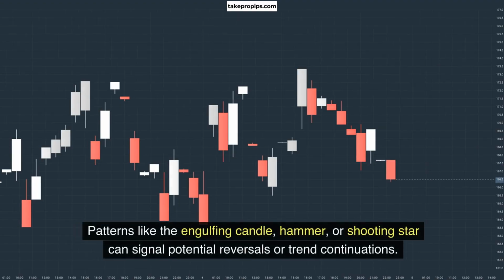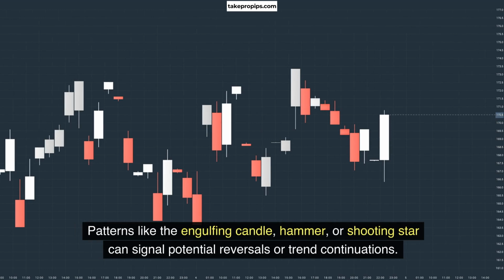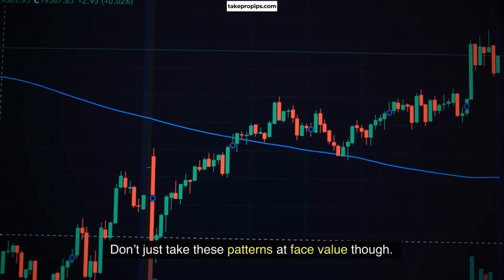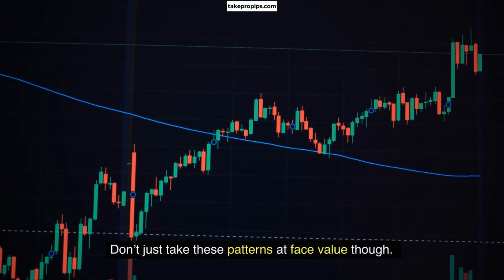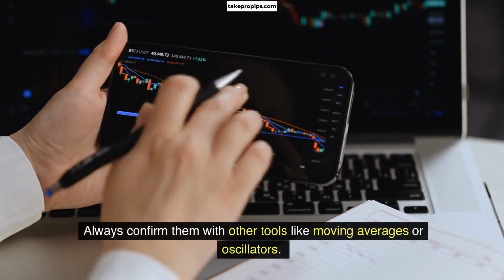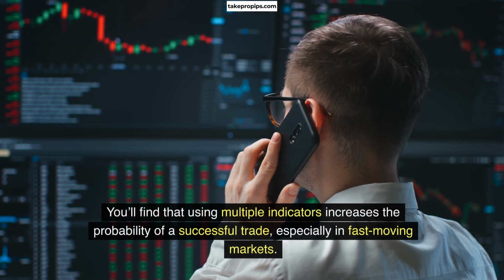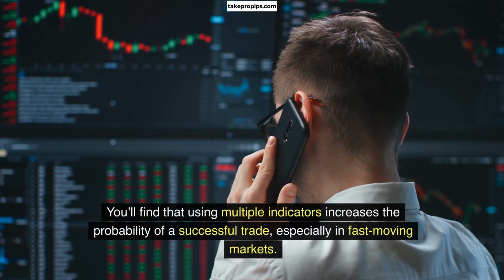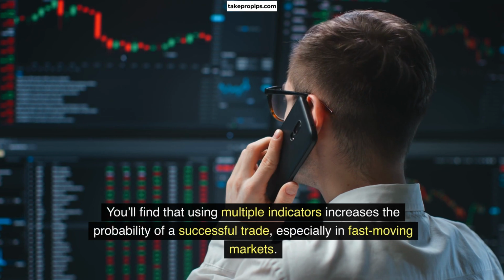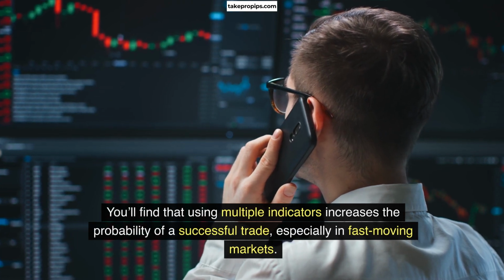Patterns like the engulfing candle, hammer, or shooting star can signal potential reversals or trend continuations. Don't just take these patterns at face value though. Always confirm them with other tools like moving averages or oscillators. You'll find that using multiple indicators increases the probability of a successful trade, especially in fast-moving markets.